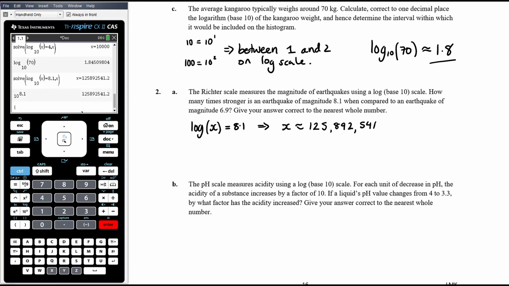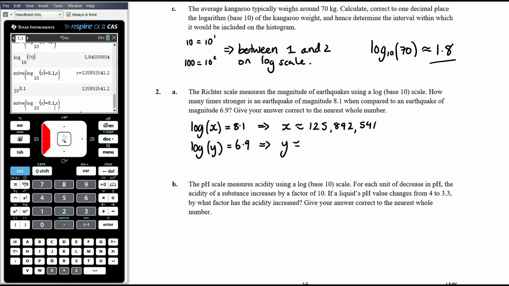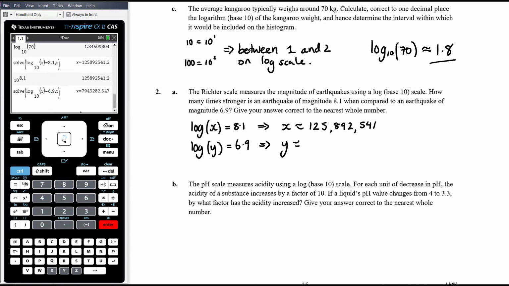Okay. We also have another one, log of another unknown value. I'm going to use a different letter because it's not going to be the same value, is 6.9. So that means that value, the size of that earthquake, I can just still use x in my CAS just to make it easy so I don't have to edit the equation. Let's get it equal 6.9.